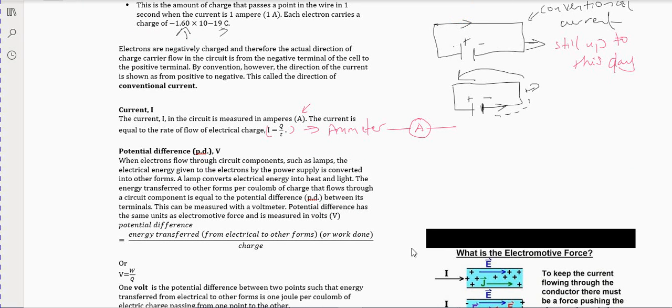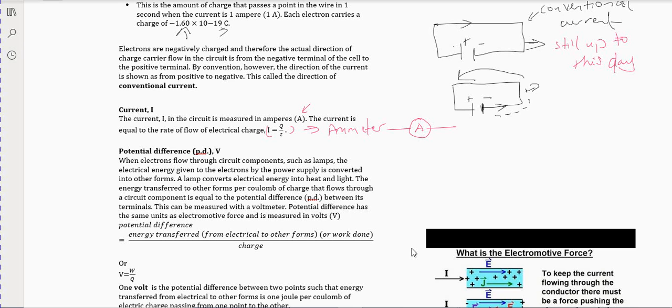So when electrons flow through circuit components such as a lamp, the electrical energy given to the electrons by the power supply is converted to other forms.